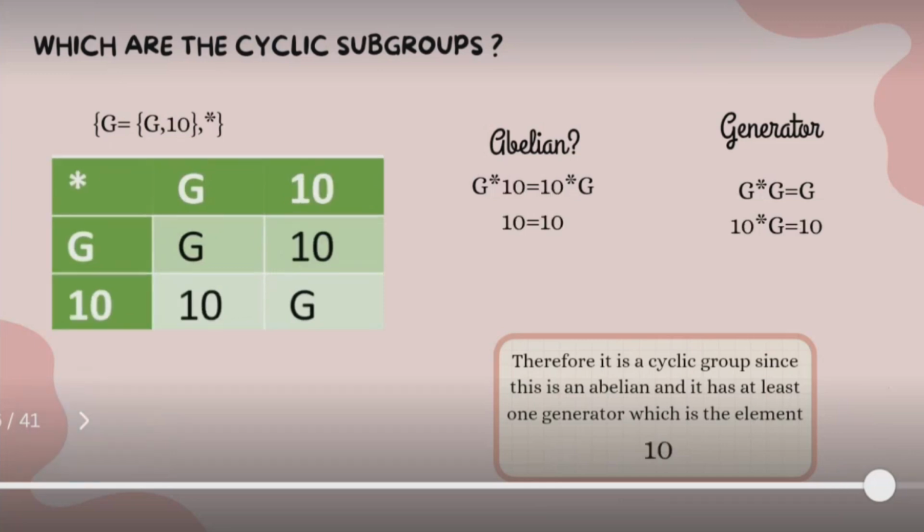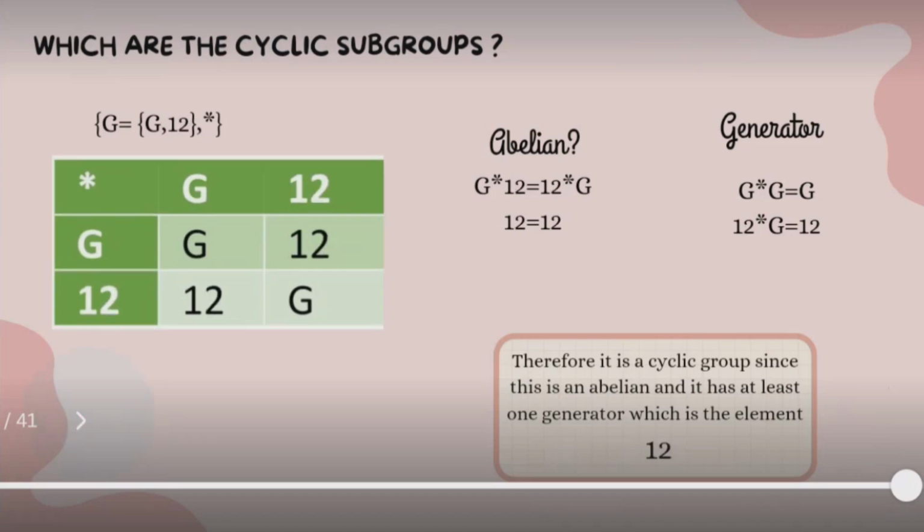Next is the set of G with an element of G10. So, as you can see, this is abelian because it's commutative. So, in this subgroup, it also has a generator, which is 10. So, therefore, it is a cyclic group since this is an abelian and it has at least one generator, which is the element 10.